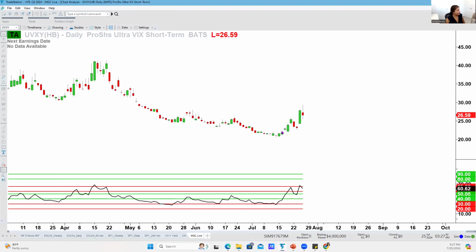So UVXY, I'm just going to analyze this per the chart. I'm not going to talk about it in relationship to the market, because this is a VIX index, which is volatility, a fear gauge, and if it's going up, that's not good for stocks. So let's just talk about it as a chart.